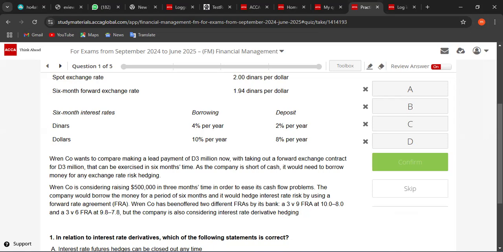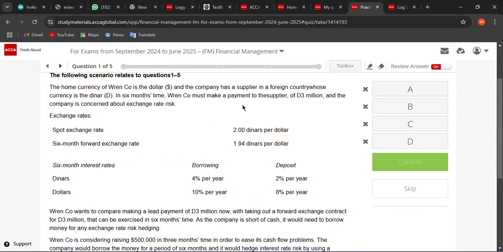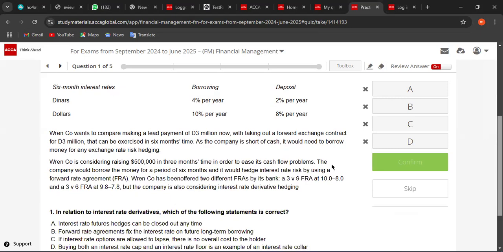Lead means early. Then the forward: after how many months do you have to pay? 6 months. Okay.